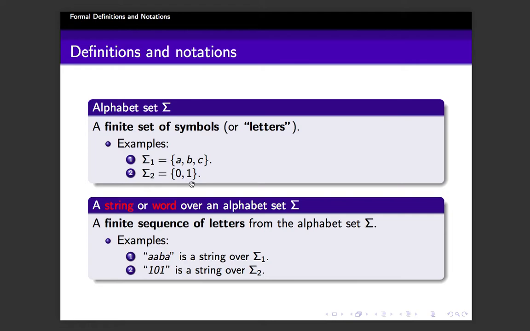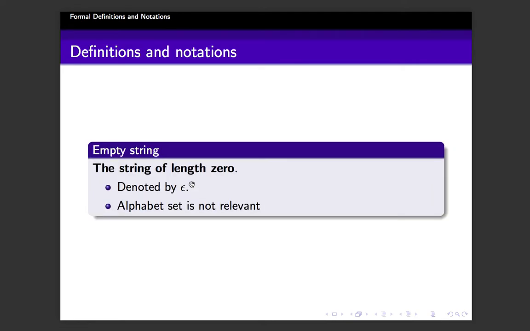Okay, so now we know what an alphabet set is and what a string is. A special kind of string called the empty string is the string of length 0. In the theory we need this string and later we can see its uses. The empty string is represented by epsilon, a string with 0 letters in it. The length of a string is nothing but the number of letters in it.